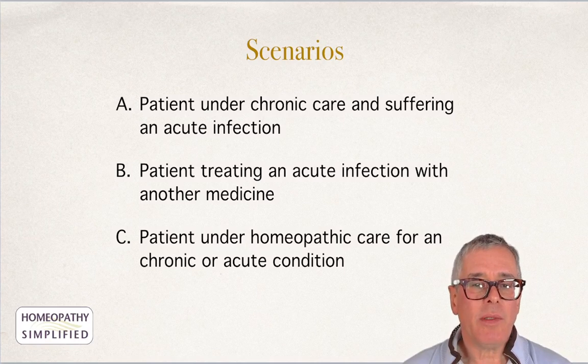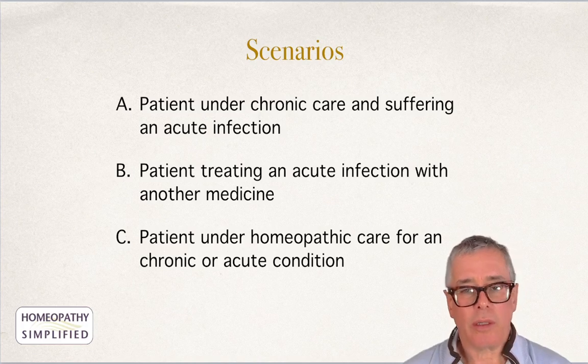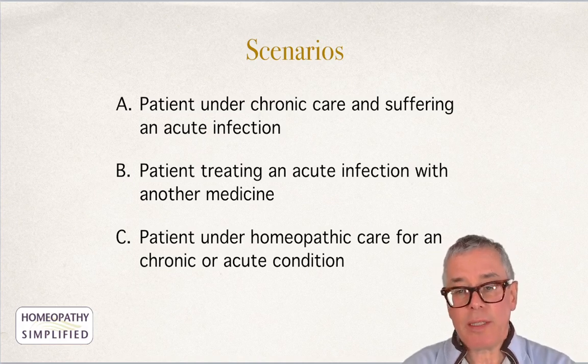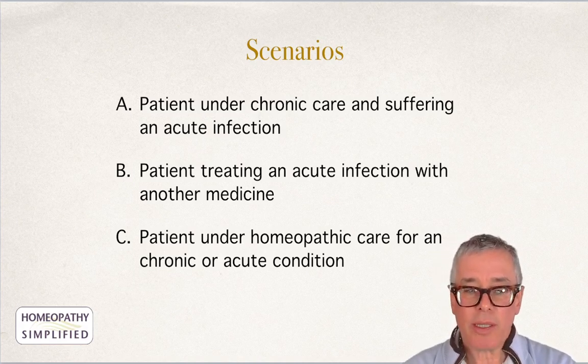So in a patient you're treating with a chronic illness, suffers an acute infection. This scenario could well be accompanied by a homeopathic remedy for the following reasons. The chronic treatment's effect on the patient is already established.